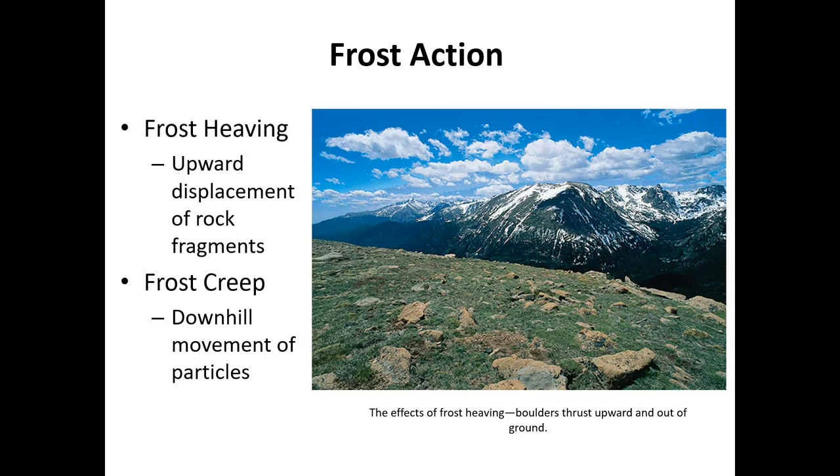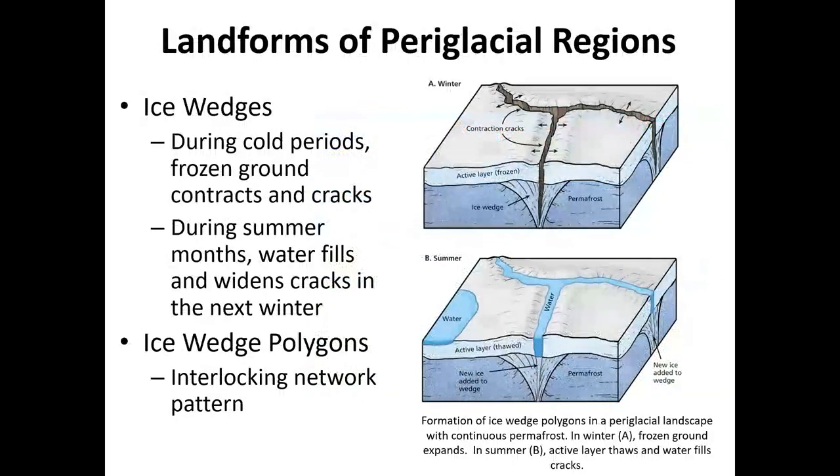Again, the thawing and contracting can push objects in the soil up to the surface. And then frost creep is the downhill movement of particles, similar to creeps that we studied earlier, where you have a hill that's slowly moving down and the trees and the tombstones sometimes tilt. That can happen in areas that are cold as well, and that's called frost creep.